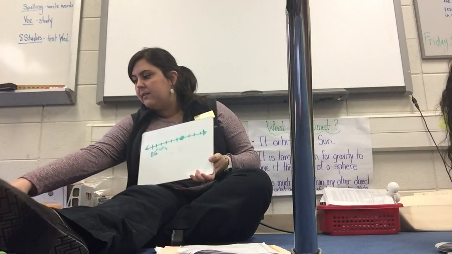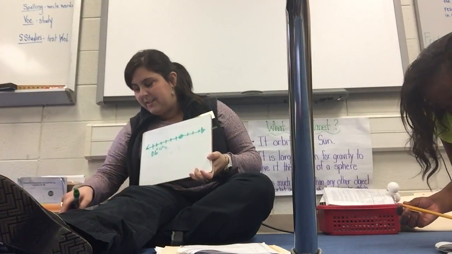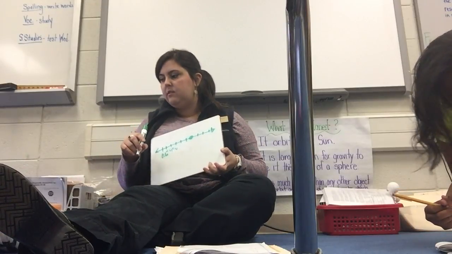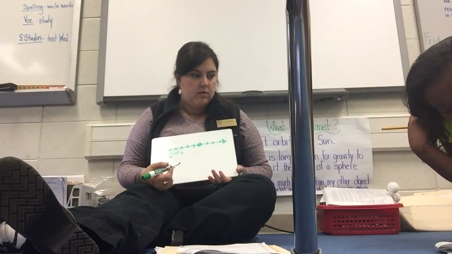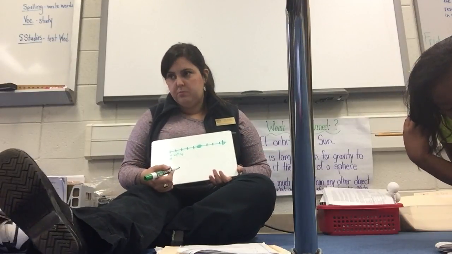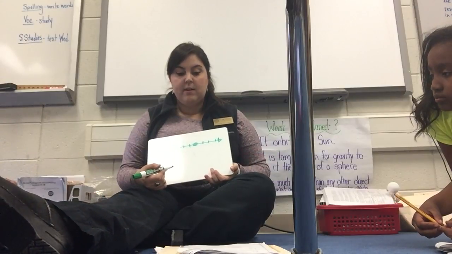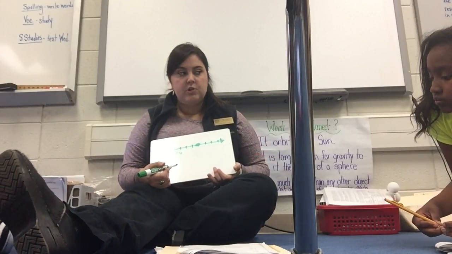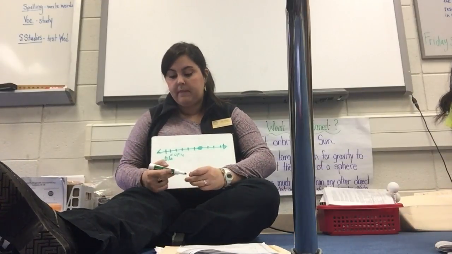So look, we have 0.7, then we would have 0.71. Good. So what is J? Where is J? 71 hundredths, or you could say 0.71. Do we have an answer choice that matches that? Good, B. So I would put B.